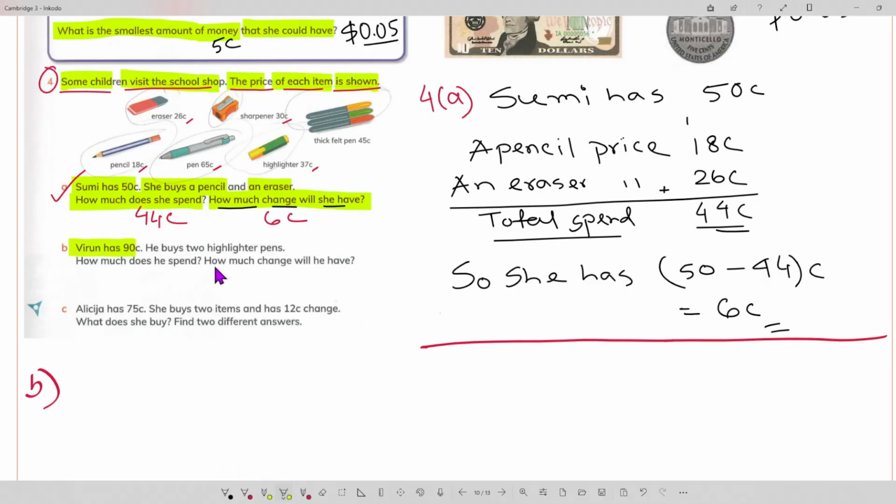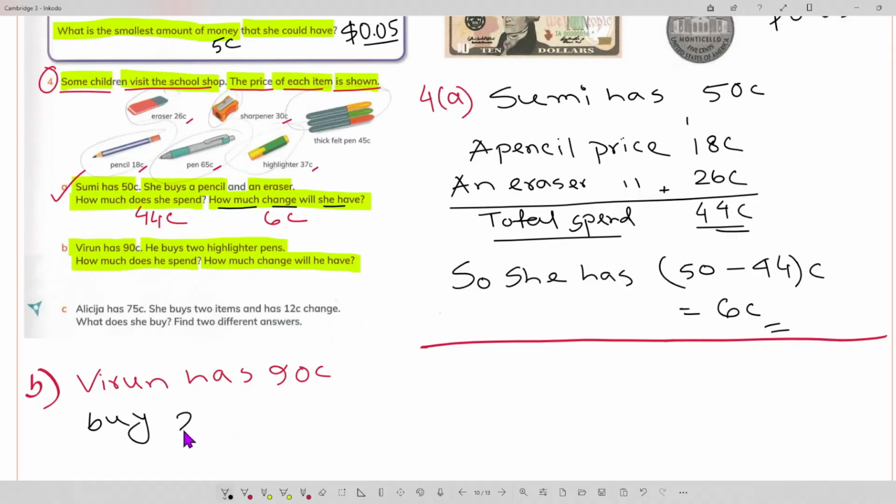Borun has 90 cent. He buys 2 highlighter pens. How much does he spend? How much change will he have? So Borun has 90 cent and buys 2 highlighters.